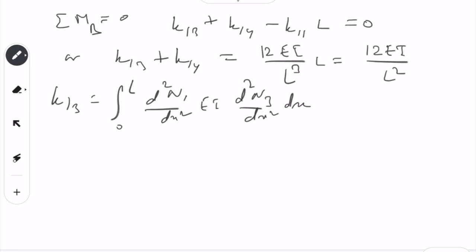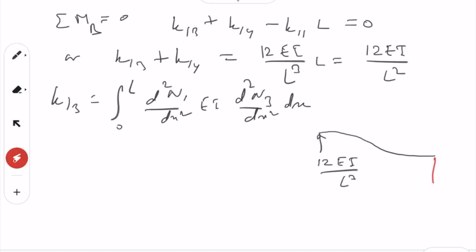So far, what we know: the beam is something like this, and here this is K11, which is equal to the force 12 EI over L cube, and the force here is the opposite of this, so the force is like this.